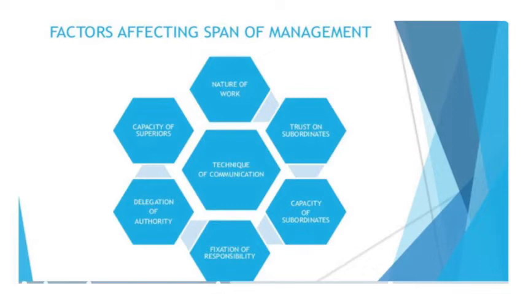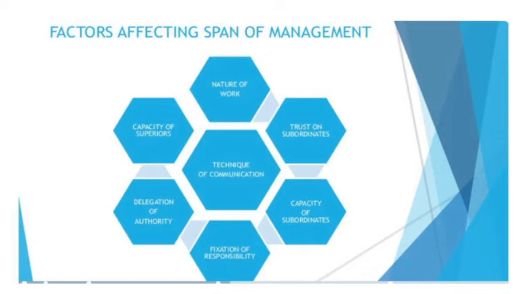a very important factor. Another very important one is the capacity of supervisors. I can allot 20 people, or I can allot only 8 people, or I can't allot subordinates to the supervisor. This is also decided by the capacity of the supervisors.